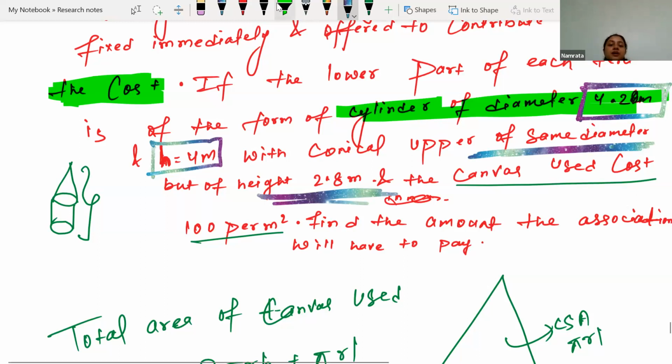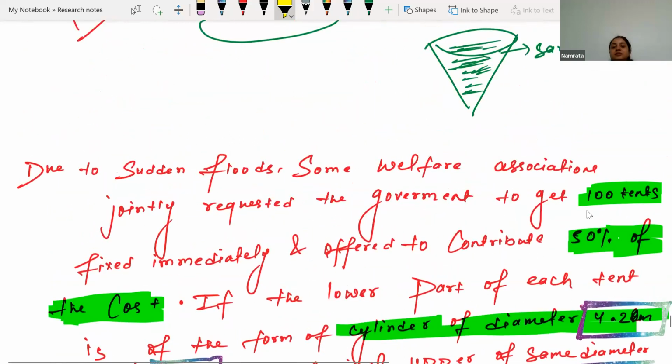And the cost is 100 rupees per meter square. So whatever area is used for the canvas, we find the total cost for that many meter square. Yes or no? Getting it? Yes, ma'am. Now how many tents are there? 100 tents, so we need to find the total cost for making 100 such tents.